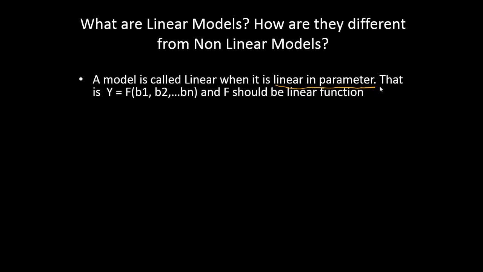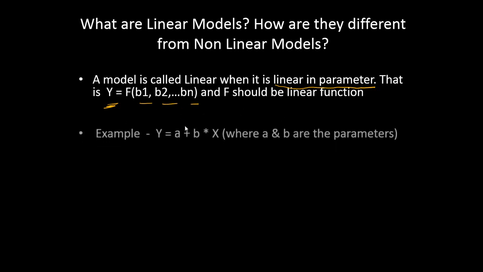It has to be nonlinear in parameters. So a linear model is always linear in parameters, and I'll give an example which will make it clearer. The function which relates your dependent variable with your parameters has to be a linear function.